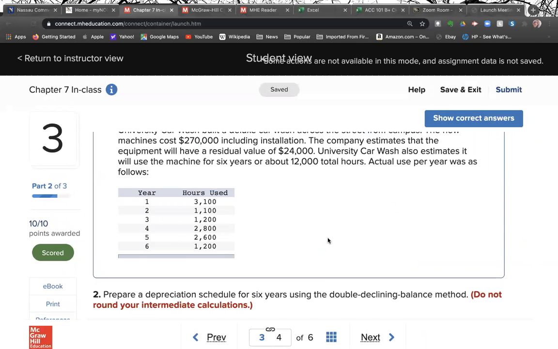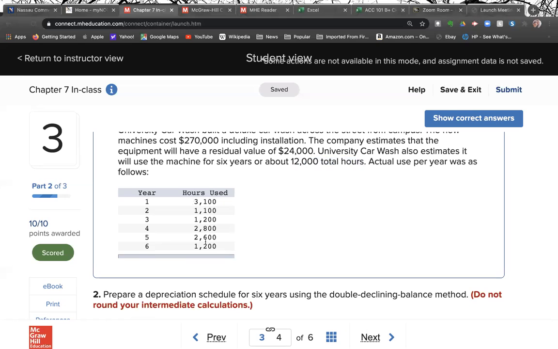Right, so now we're going to look at this other method, this activity-based method. And remember what it said in the beginning. They'll use the machine for 6 years or 12,000 total hours. So we can depreciate by the hour and then multiply it by these hours used. So what were the hours used?